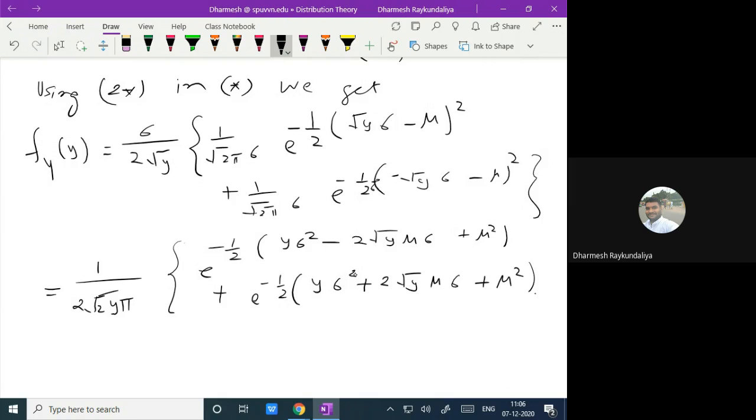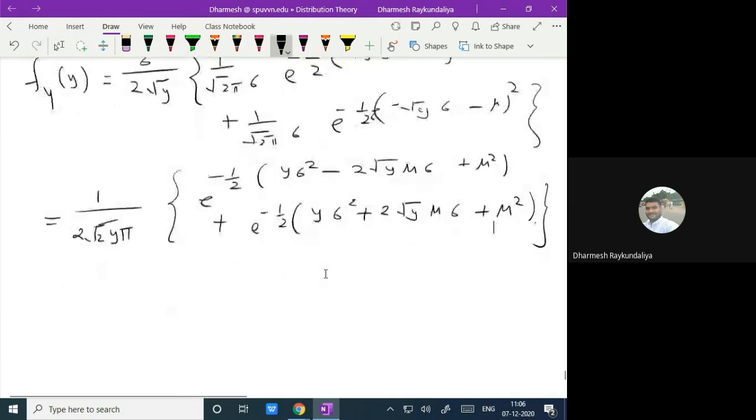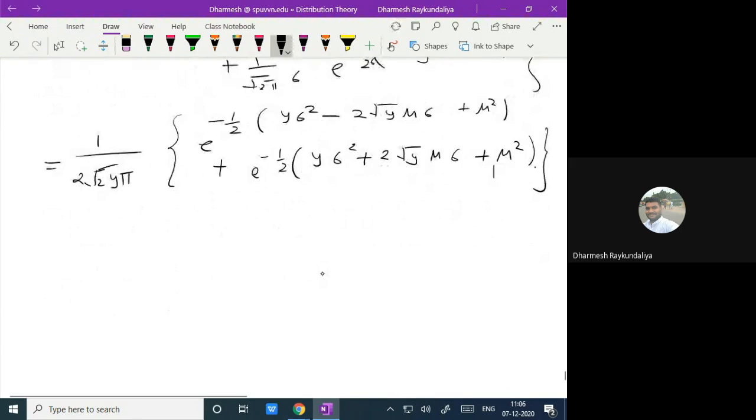Okay, so we just take this common, e raised to minus 1 by 2 sigma square, (y sigma square plus mu square), this is common from both the sides. Can we take it or not? Here e raised to minus (y sigma square plus mu square), and here the sigma square is there.